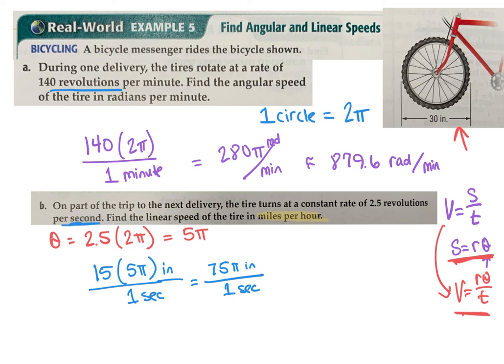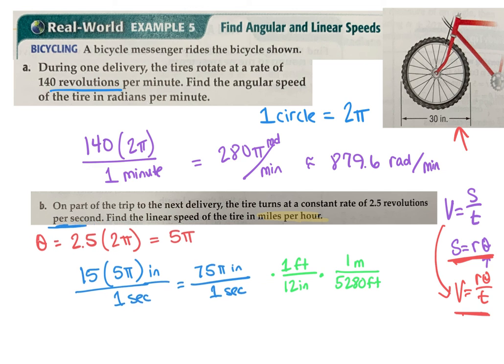I would recommend starting by changing inches to feet. 1 foot is how many inches? 12 inches. And then we want miles. So how many feet are in 1 mile? 5,280. So we have 5,280 feet in 1 mile.